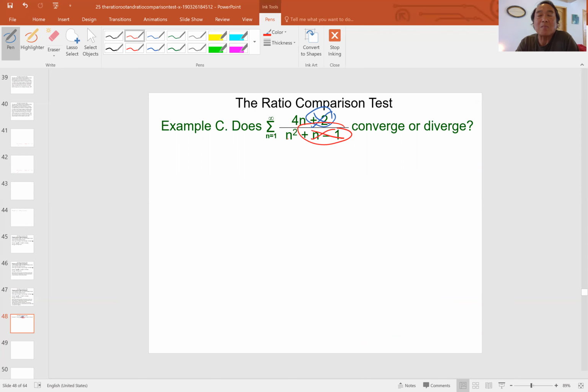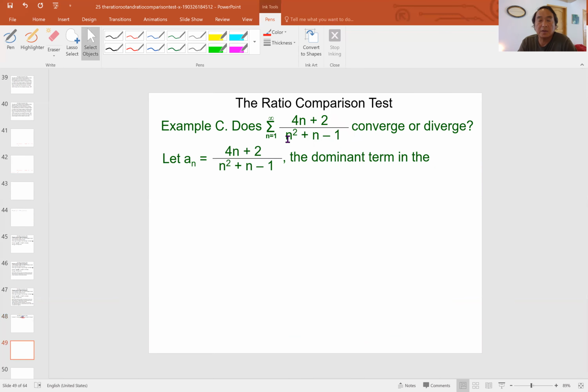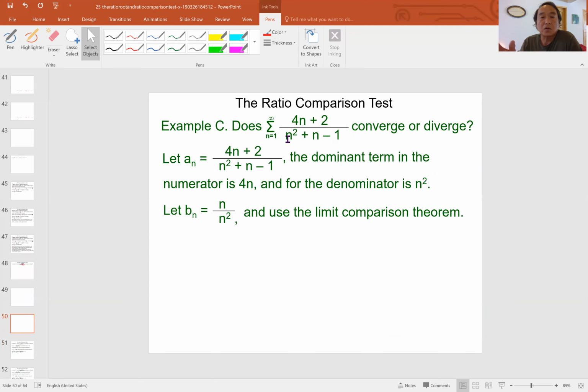But the ratio comparison test says you have to justify these. And this is the bulk of the work, to justify that what's left is comparable to the original. So I'm going to call this a_n, and I'm going to throw away all the other parts, even the 4. I'm going to let b_n just be n to the first power over n squared. These are the dominant terms.